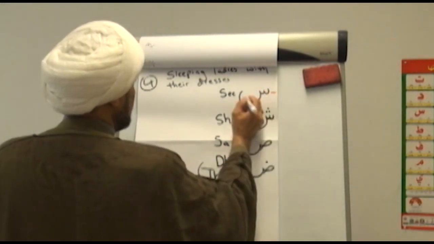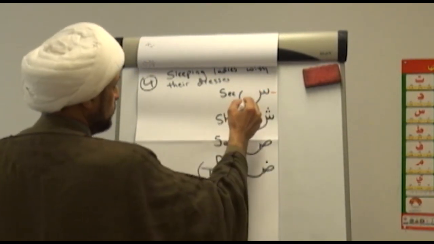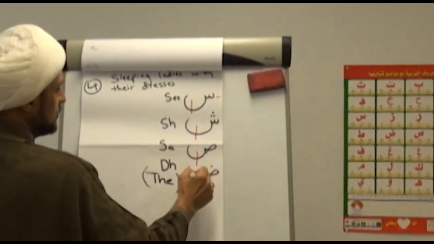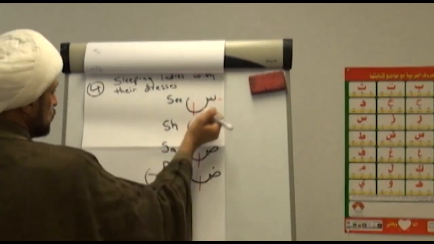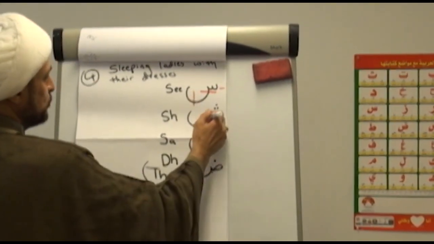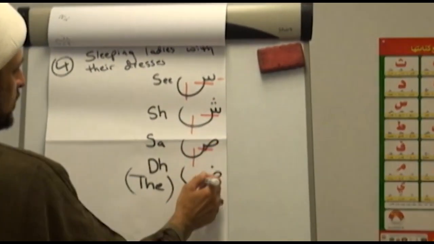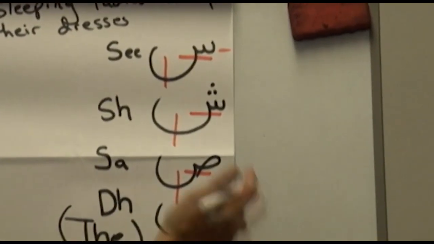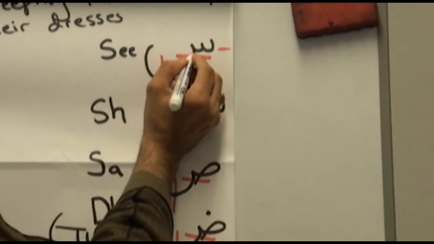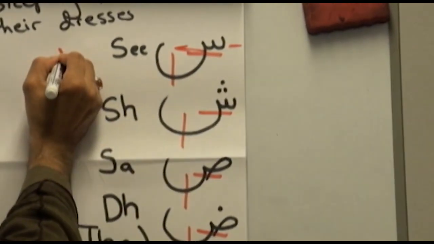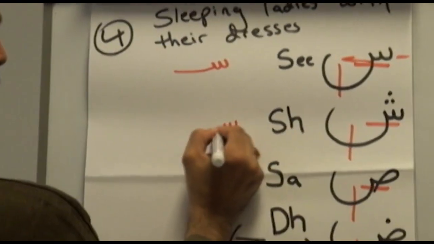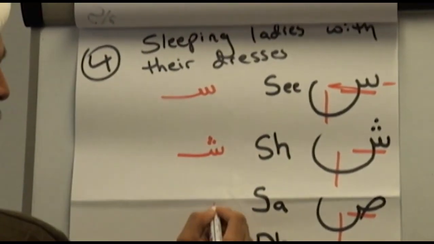I forgot to tell you about that. So we cut the tail, we cut the tail and stretch it. Or we cut the dress. We tell them to wear pajama. You guys are at home, you don't need to lie down with those dresses. So just cut this dress and stretch it. So seen will be like this. Sheen will be like this.